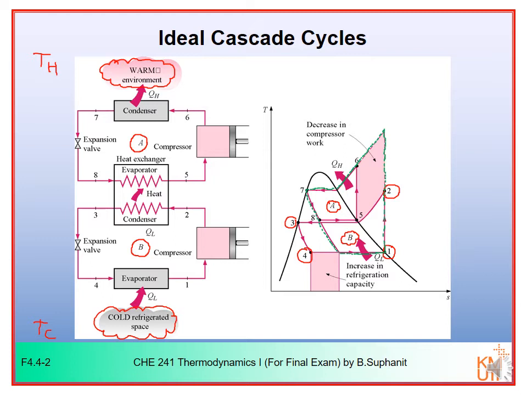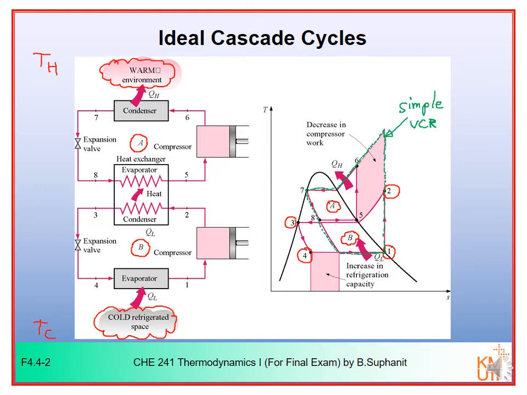So you can see that if we compare the cascade cycle and the green cycle, which is a simple VCR, you can see some difference between the area inside the cycles.